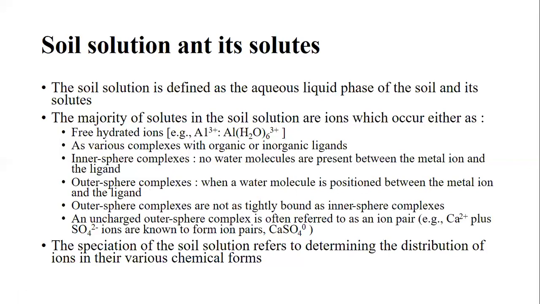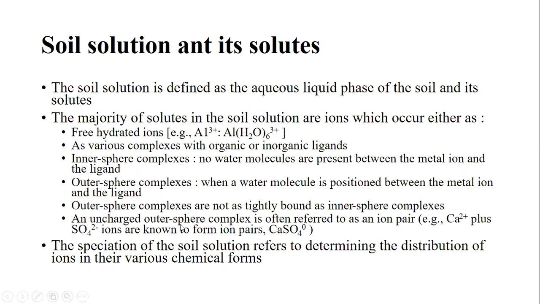So there are water molecules separating them. That's why it's called outer. The inner one has nothing separating them. It's easy to remember, easy to know the difference. Outer sphere complexes are not as tightly bound as inner sphere complexes. Of course, in the outer sphere there is a water molecule that separates them from each other. That's clear and easy to understand.